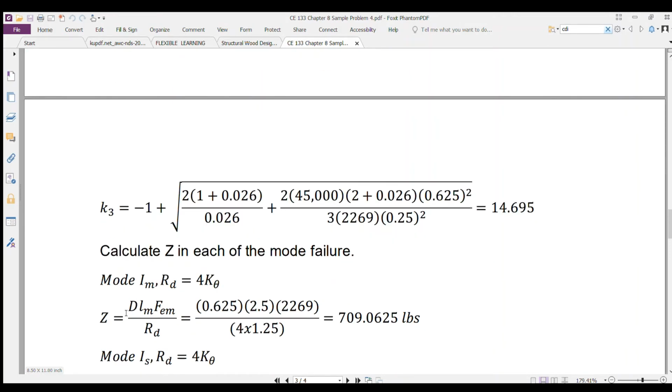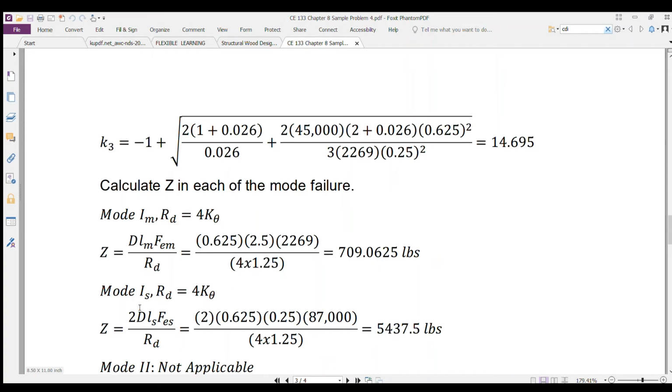Substituting the values, we yield the value of Z of 709.0625. Also, for mode 1 sub S, the reduction factor is still 4K theta. So, using the formula here, it yields a value of 5,437.5 pounds.